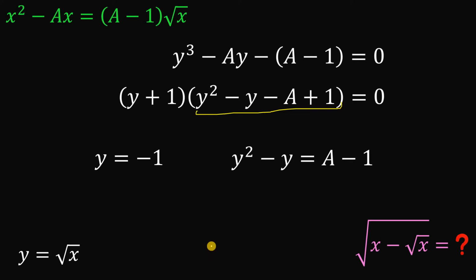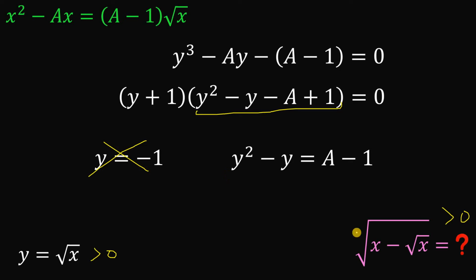Now, from the start, we know y is greater than 0 because square root of x is greater than 0. And this value, square root of x minus square root of x, is technically greater than 0. So we want a number that is greater than 0. Now, y equals negative 1 is not part of our solution because negative 1 is less than 0.